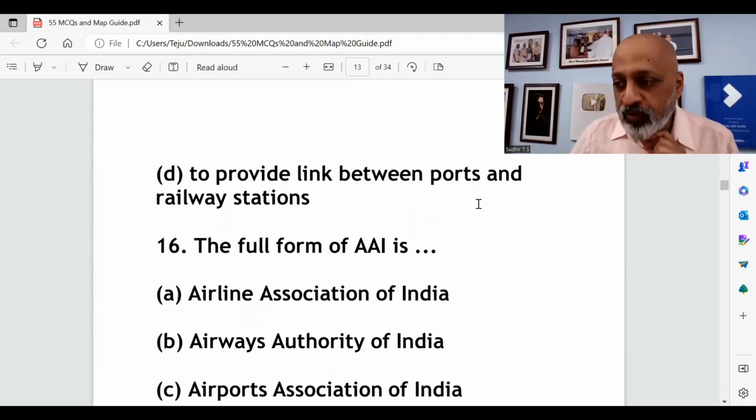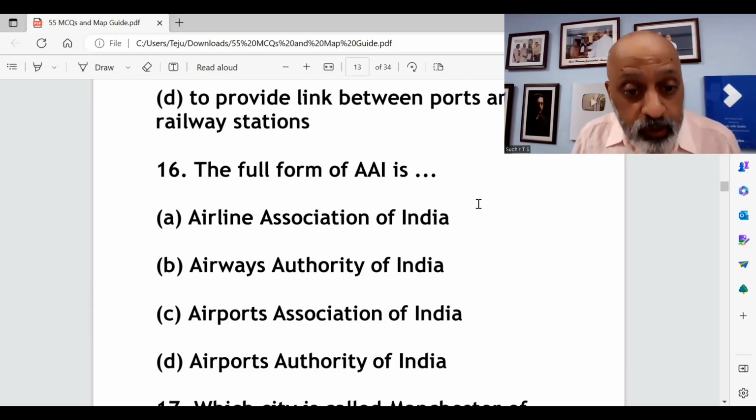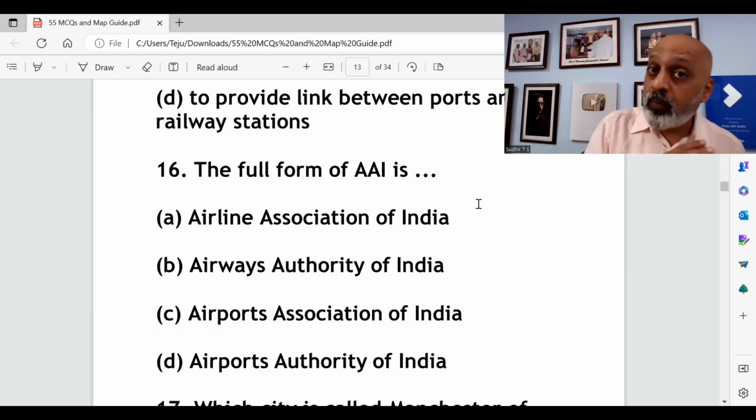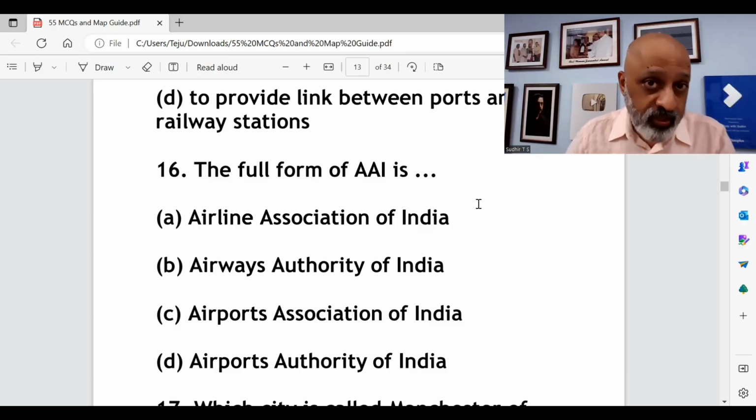The full form of AAI का क्या होता है? Is it Airline Association of India? Is it Airways Authority of India? Is it Airports Authority of India? Or is it the Airports Association of India? तो यहाँ पर authority और association, airlines और airports और airways को लेके आपको confuse किया जा सकता है.